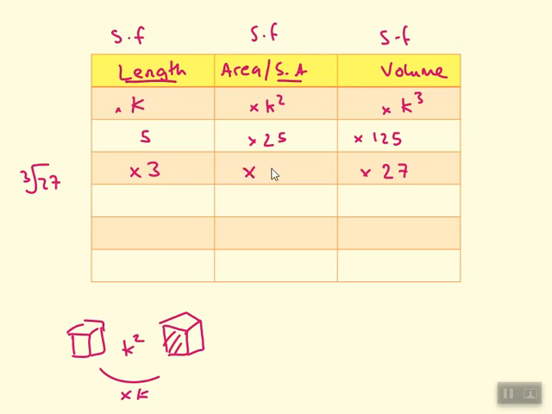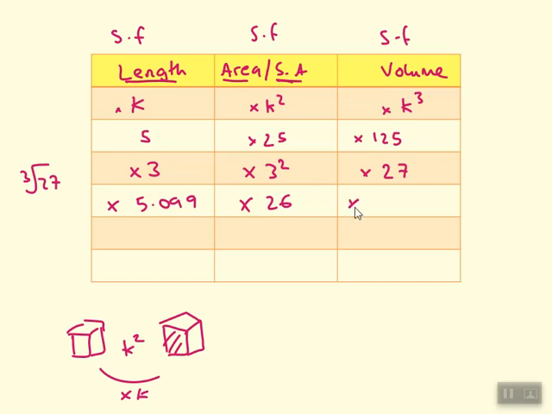So that means the area must have been multiplied by 3 squared. Sorry, I keep saying areas, but I mean area or surface area is multiplied by 3 squared. For example, if we pick some random number like 26 for the area, so the area or surface area is multiplied by 26, the length scale factor must be the square root of 26, which is 5.099 and so on.